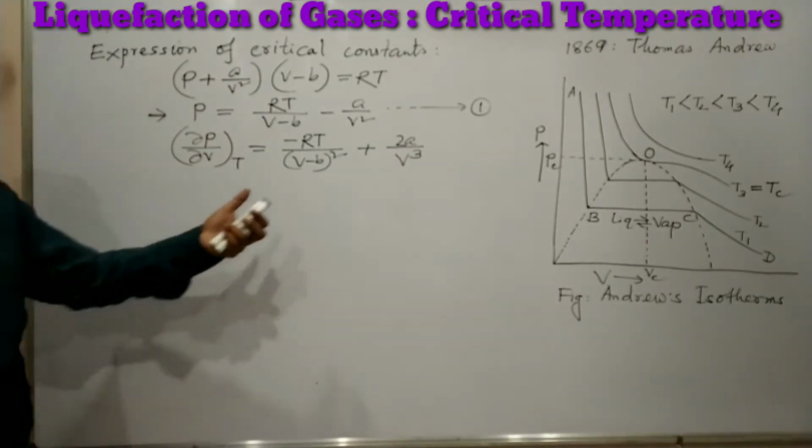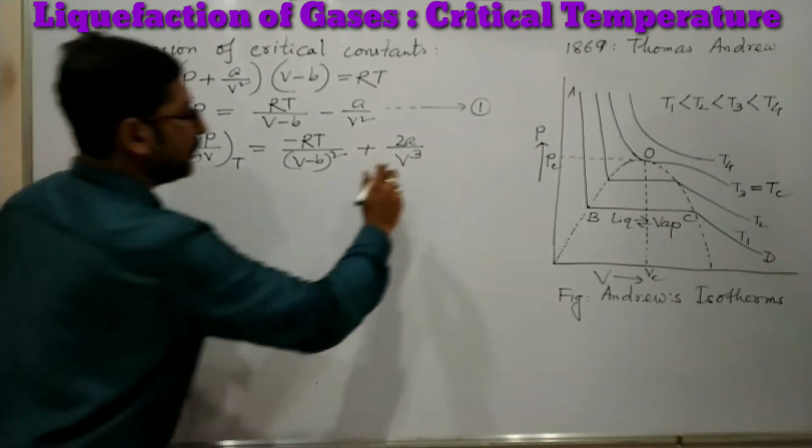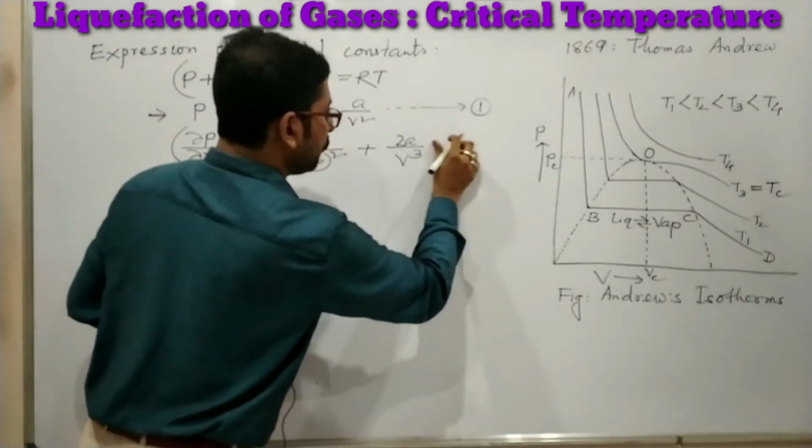V is a variable here. So this is our equation number 2.